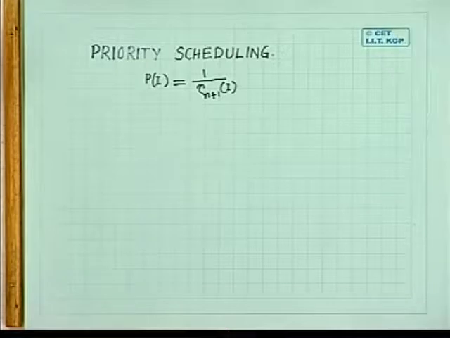where tau n plus 1 is the predicted next CPU burst duration. So, in case of shortest job first, since we are executing the job having the minimum CPU burst time first, it is just the reciprocal of that which tells you what is the priority of that job. So, I can also say that the shortest job first scheduling technique is nothing but a special case of priority scheduling technique, where priority is nothing but the reciprocal of the next CPU burst duration.